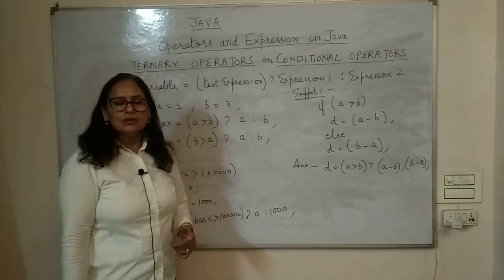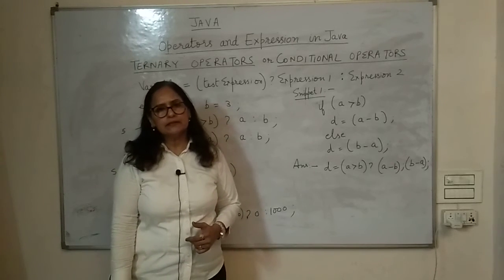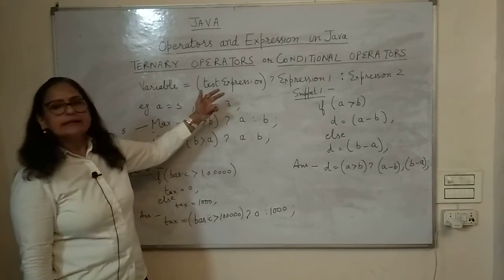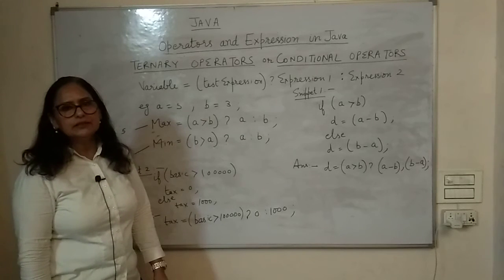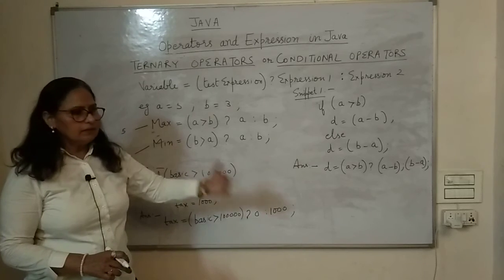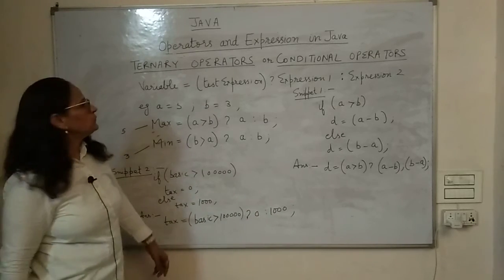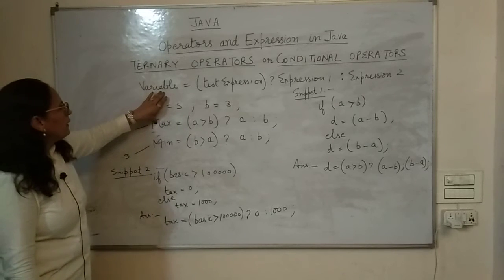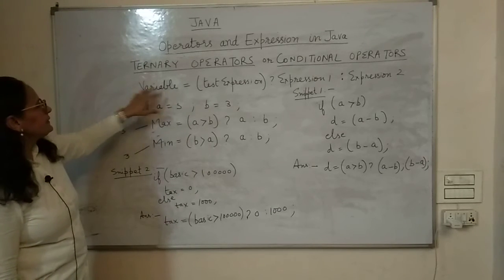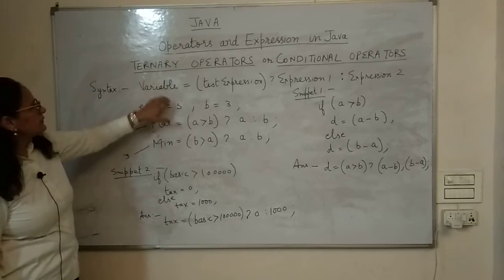My dear friends, those who have already done language C, C++, they already know what the if-else condition is. If condition, then first expression, and otherwise the second expression. This is the syntax of conditional operators.